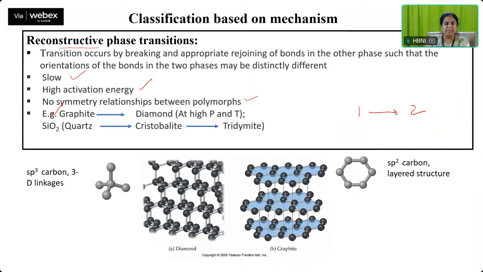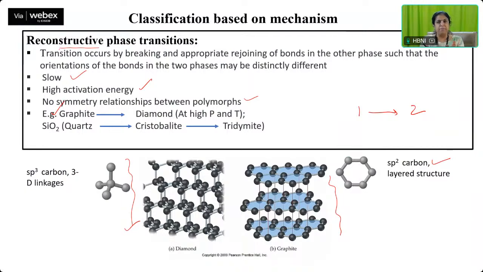How are they different? Both of them are made up of carbon, right? But graphite has sp2 carbon and it is a layered structure. All of us know about that. Whereas diamond is a three-dimensional structure of sp3 carbon. Each carbon is linked to four other carbons.